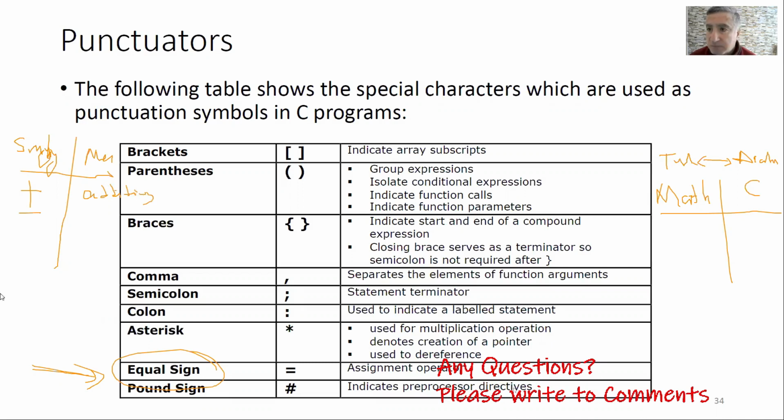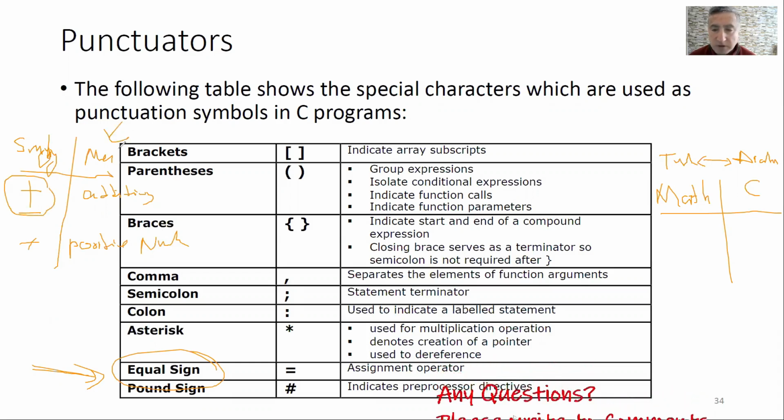But the same symbol we can use to denote a positive number. So you understand that the same symbol in one language, for example mathematics, can have two different meanings. It could be an addition operator, or a positive number operator. The same symbol for different meanings.